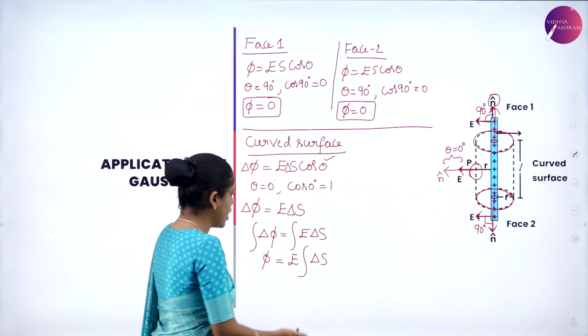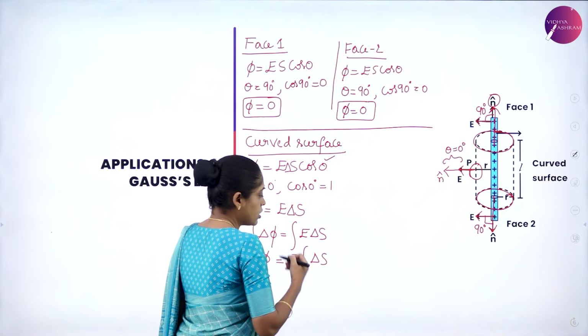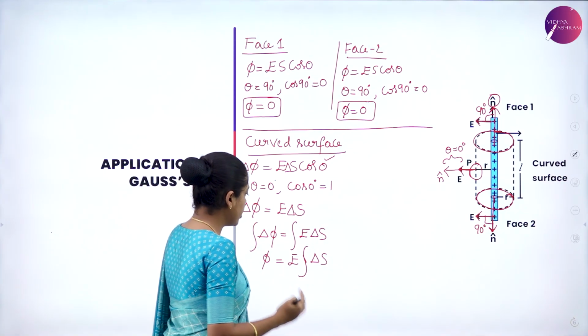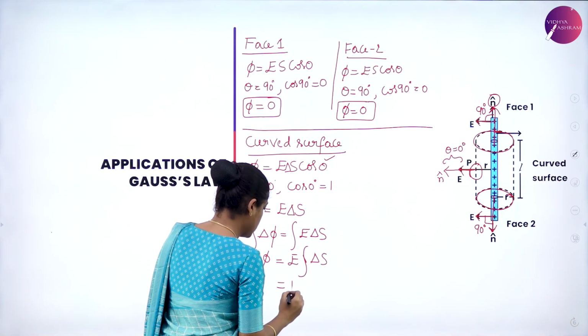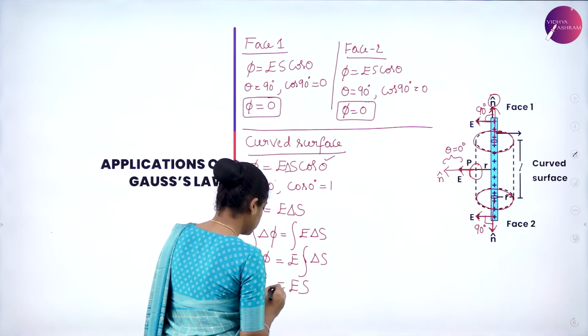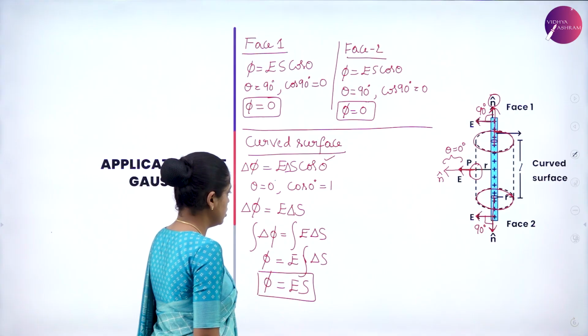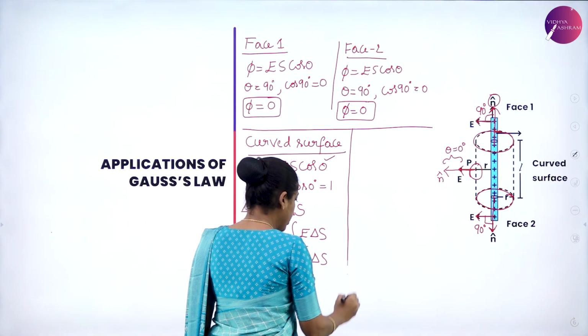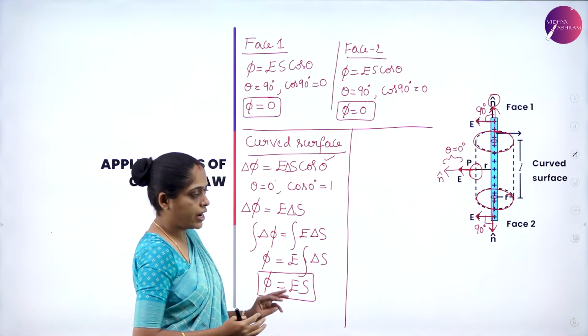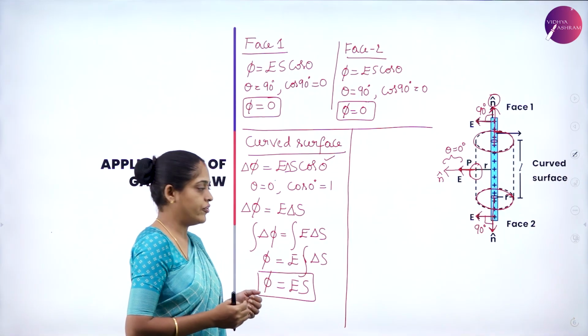Then adding the small portions, you will get the total area S. So phi is equal to ES. Now, we have calculated through all the parts of the Gaussian surface.